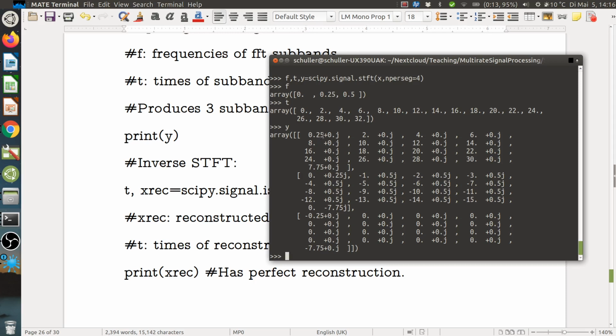Right, so here we have 1, 2, 3, 4, 5, 6, 7, 8, 16 samples. And we have 1, 2, 3 rows, 3 rows of each 16 samples.